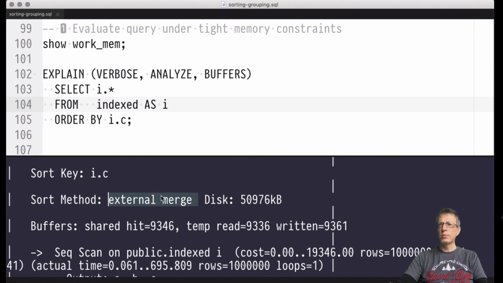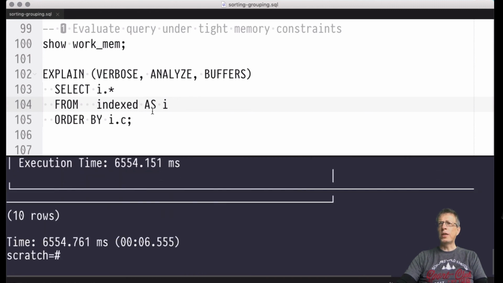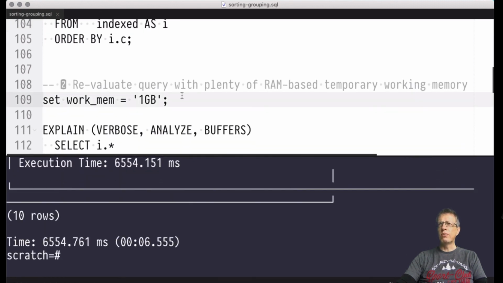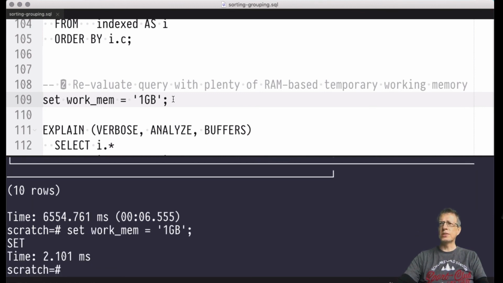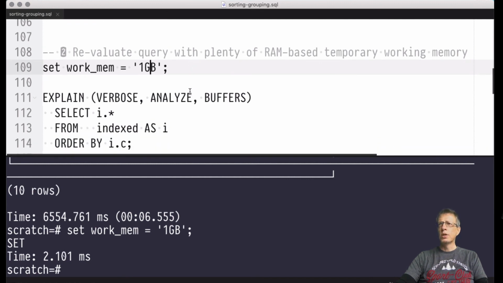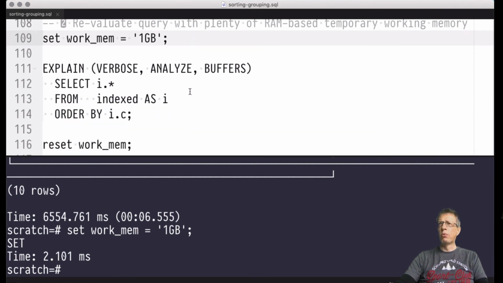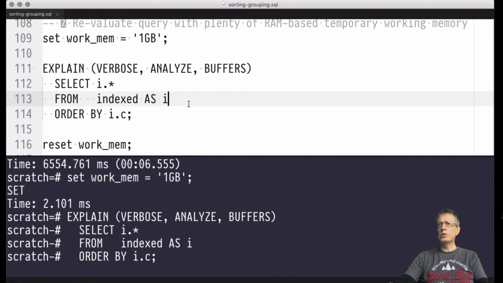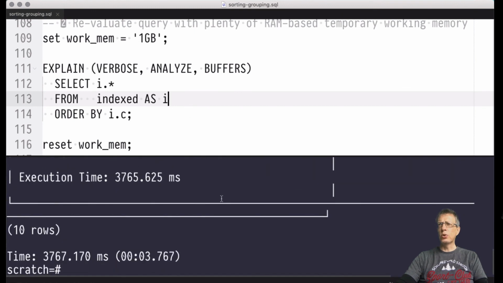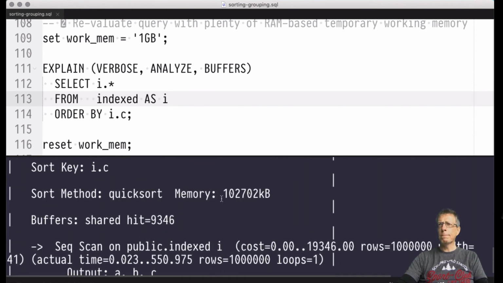Okay, if we now increase the available working memory, which would be a much more reasonable value for a system like this, which I think has 16 gigabytes of RAM, let's invest some gigabytes, 1 gigabyte for example, for working memory here. Then we will be rewarded by this investment. If we perform the same query again, we will see that the sort operator will resort to an internal quicksort.